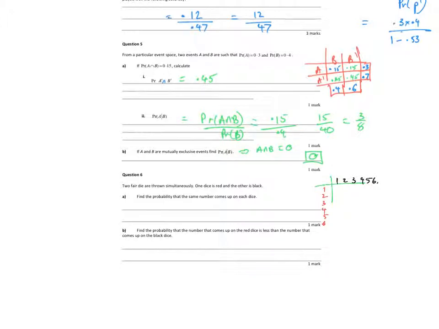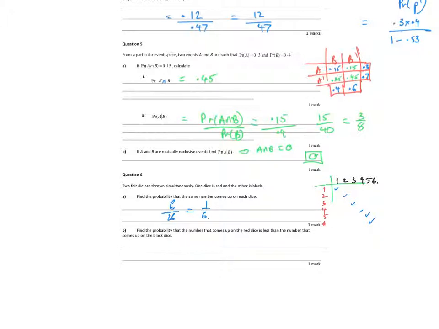So clearly there's 36 different options. And the same number is 1-1, 2-2, 3-3, 4-4, 5-5, 6-6. So 6 out of 36, which is 1/6.